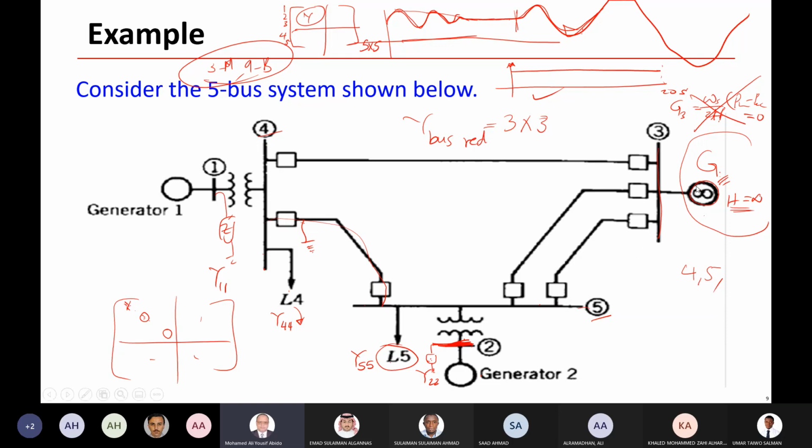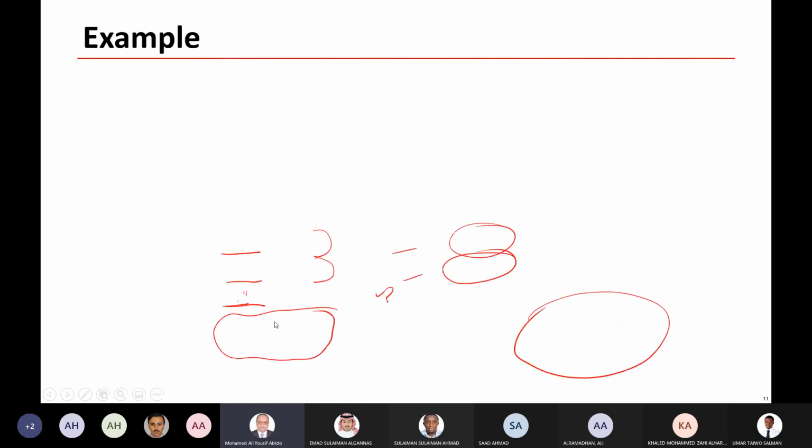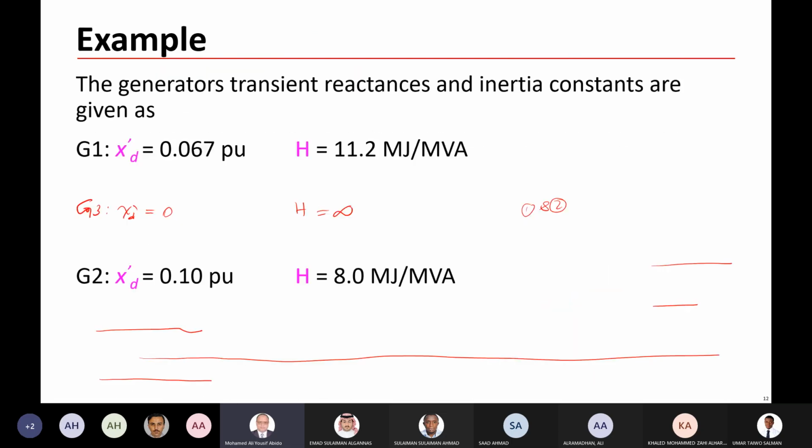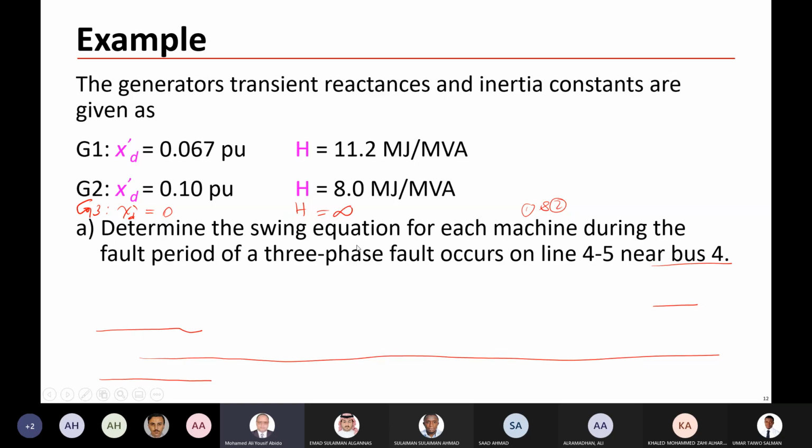So we don't need to develop swing equation for this infinite bus. If we replace it by a generator similar to generator 1 and generator 2, so in this case we have to develop a swing equation for this. Okay, so let us develop the swing equation during fault.